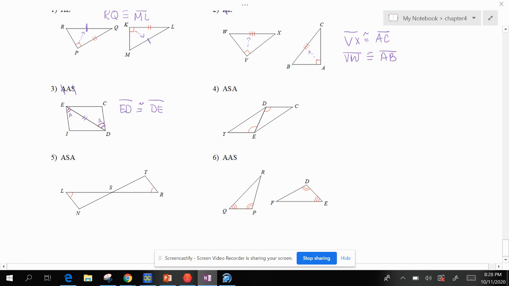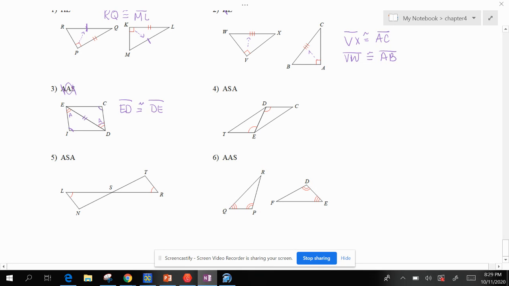It's important how you label these. If you do ED is congruent to ED, you're saying that this angle and that angle are congruent, which is incorrect. All right, now since I found an angle that they gave me, a side which I gave them, I still need another angle. But this is important because it cannot be the angle that's on the opposite side, because then it would be true with ASA.